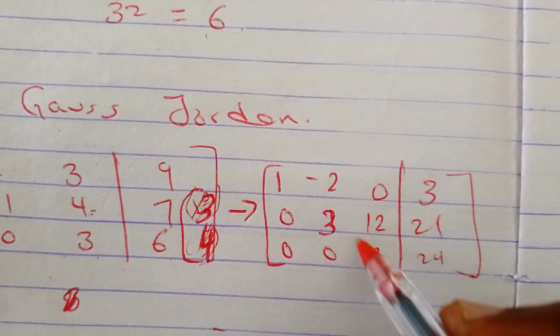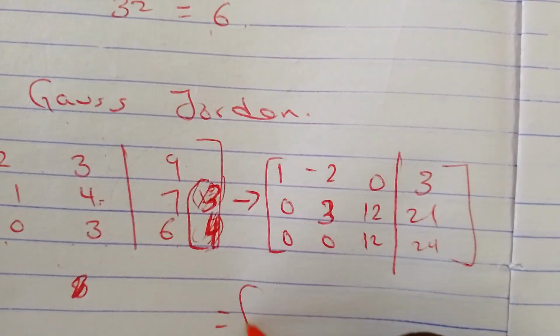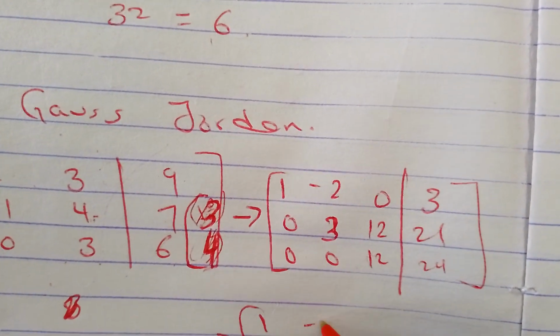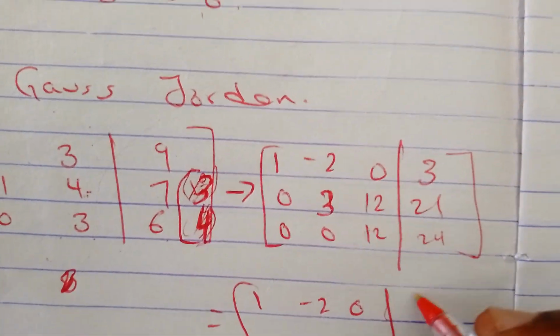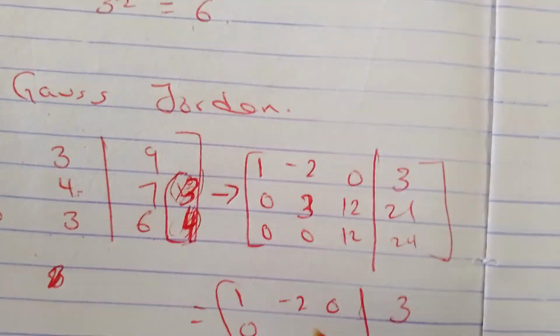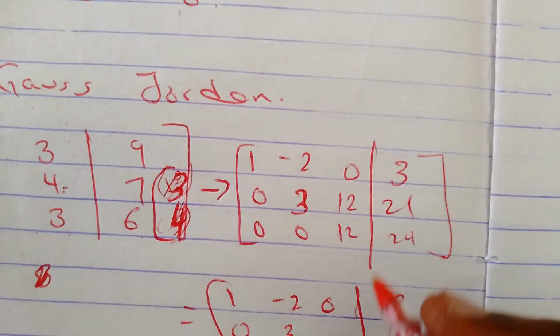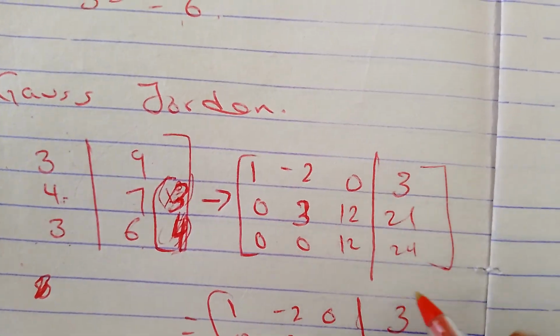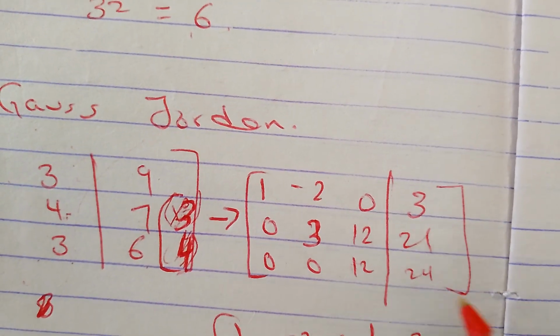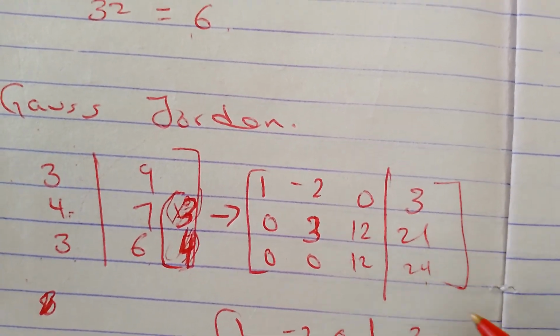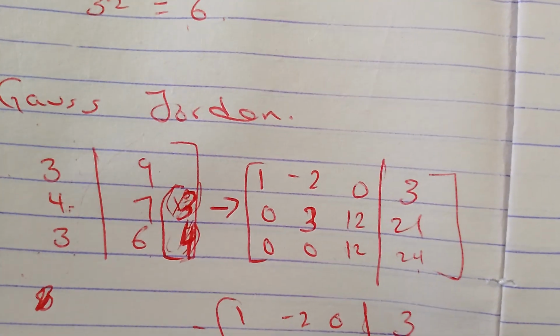So we can always do subtraction between these two again. Then we can have 1, negative 2, 0. And we have 3, 0, 3. So this minus this, that gives us 0 and 21. Okay, 0, this minus this, that gives us 3 again.